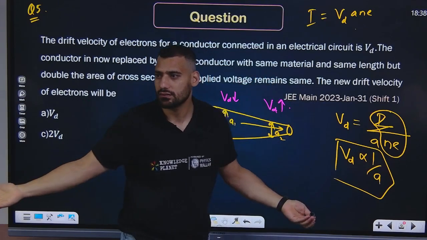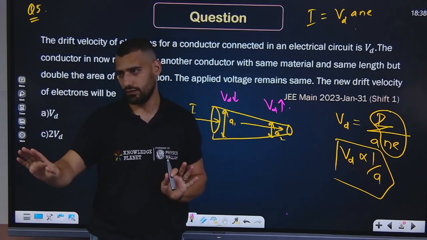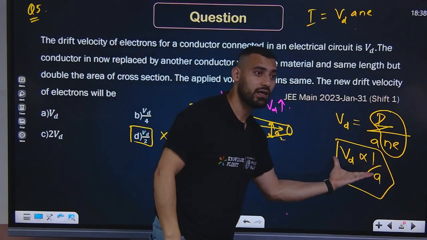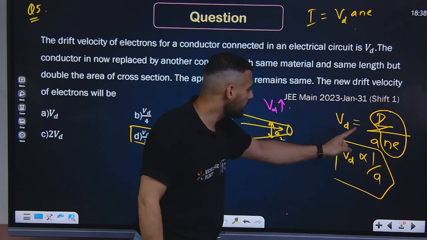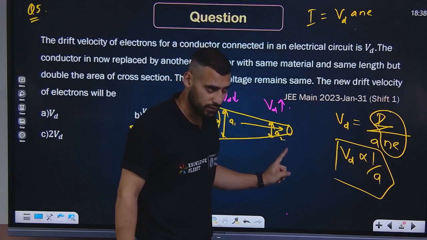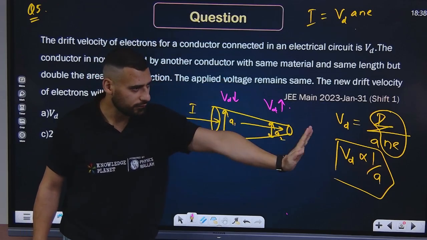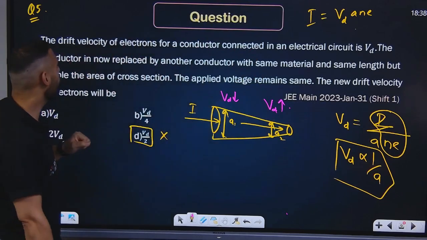It is fast, but the same current, the same water is flowing. Is that fine? This is valid. This is the concept where drift velocity is inversely proportional to A when the current in the circuit is constant and the area is non-uniform. Fine? Now let us reread the lines. Let's go through the lines again.